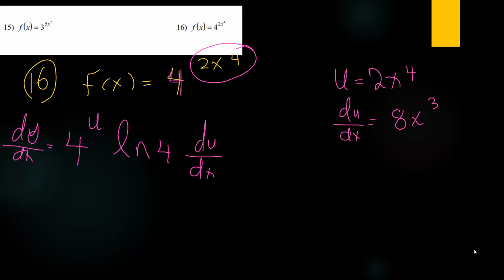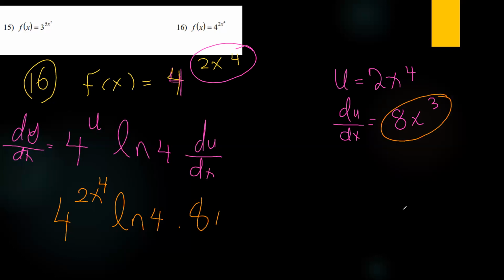Then let's come back now and replace u: 4 to the power 2x to the power 4 times ln 4 times du over dx, which is 8x cubed.